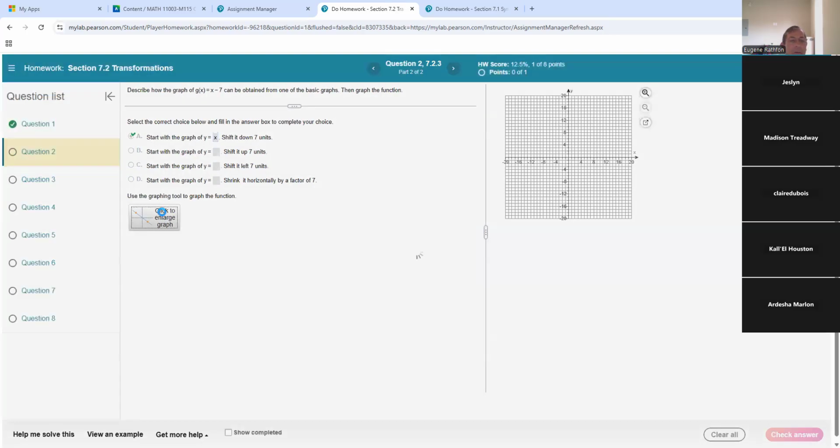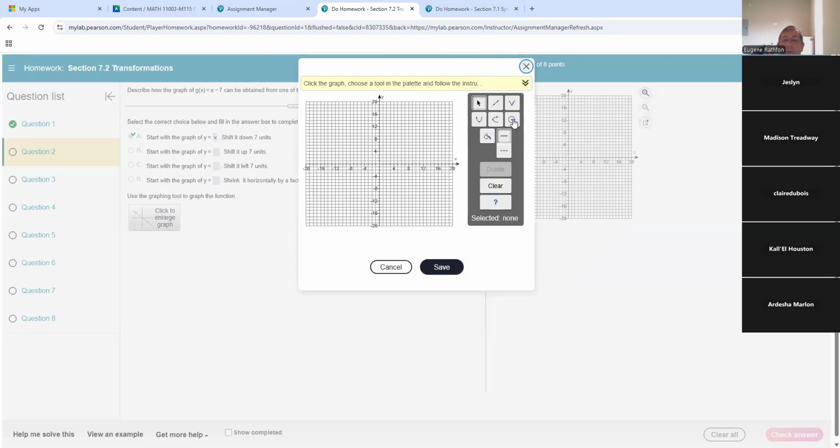Now on this one, on the graph one, you're going to click the 2-point line tool. And y'all, this one, you actually got to plot 2 points. So let's think. If I let x equal 0, 0 minus 7 would give me negative 7. So my first point would be (0, negative 7). And then if I let my x equal 1, 1 minus 7 gives me negative 6.